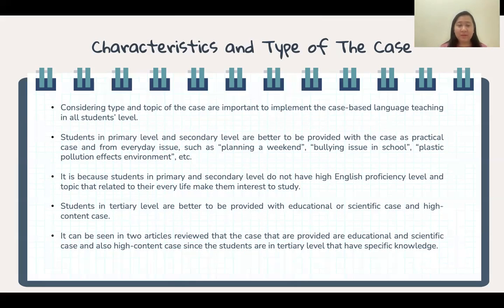at all students' levels. Students at primary and secondary level are better provided with practical cases and cases from everyday issues, such as planning a weekend, bullying issues in school, plastic pollution's effect on the environment, something like that.